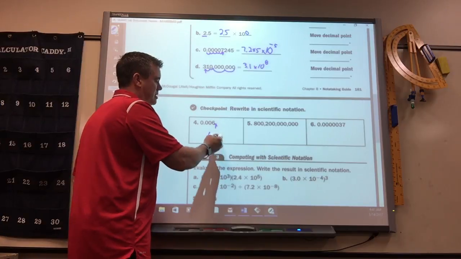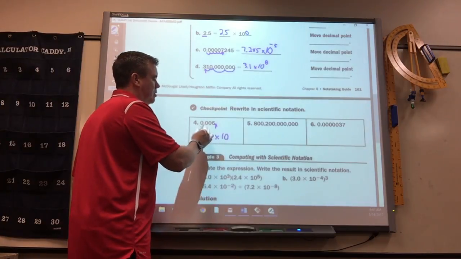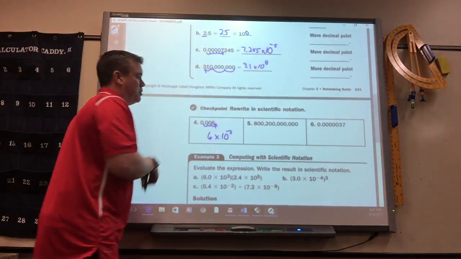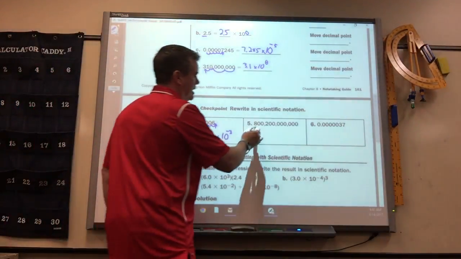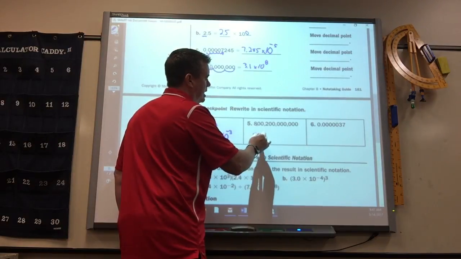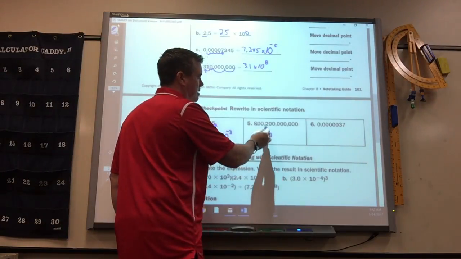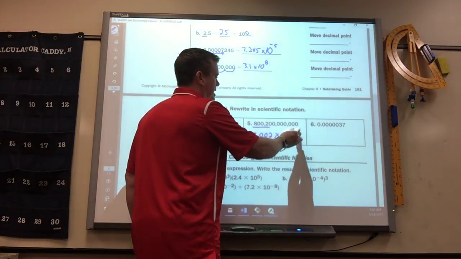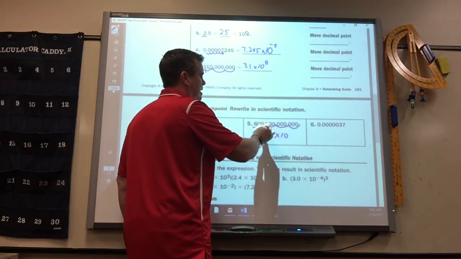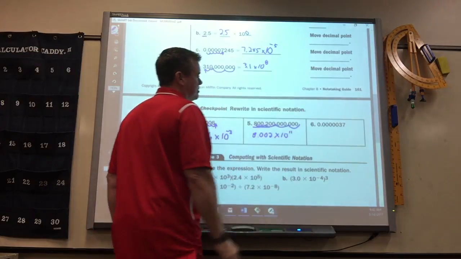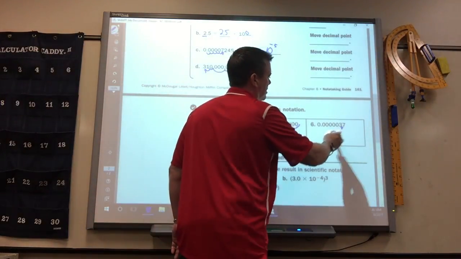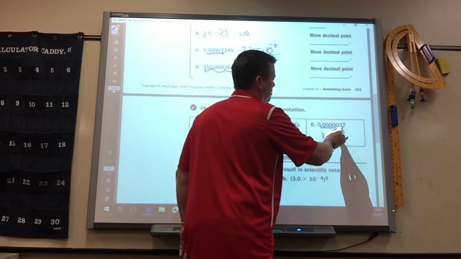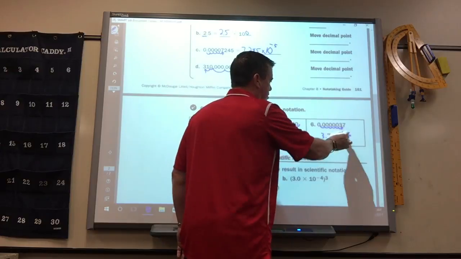So it's 6 times 10 to the 3, negative, because it's a decimal. 8.002, I've got to put everything up until it gets to non-zeros, times 10 to the 3, 6, 9, 10, 11. Put it right there, 3.7 times 10 to the 1, 2, 3, 4, 5, 6. And it's a decimal, so it's negative.